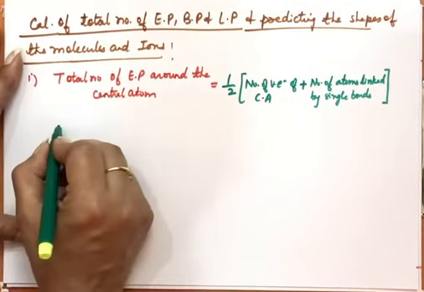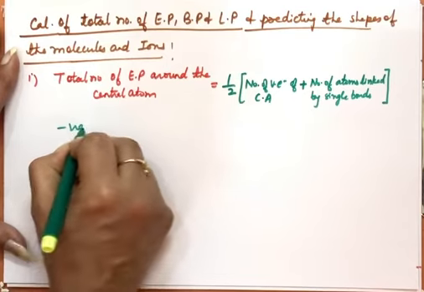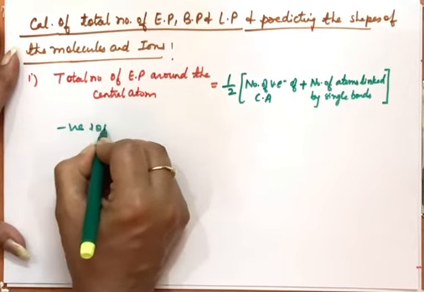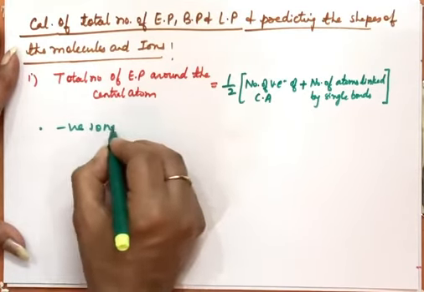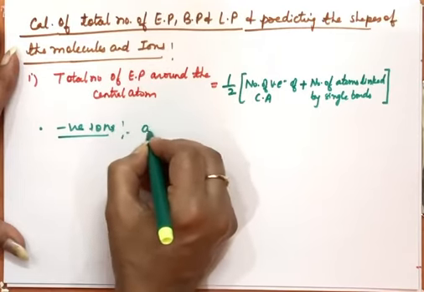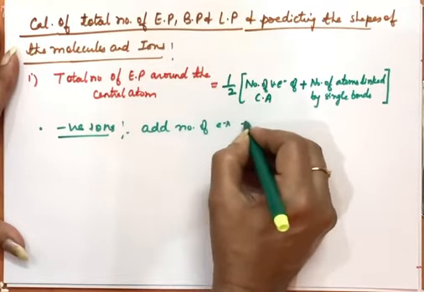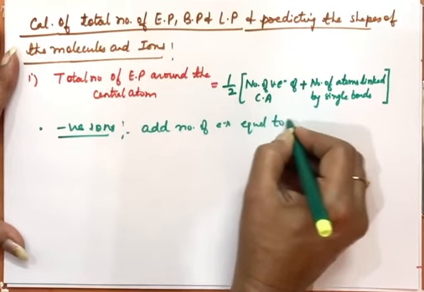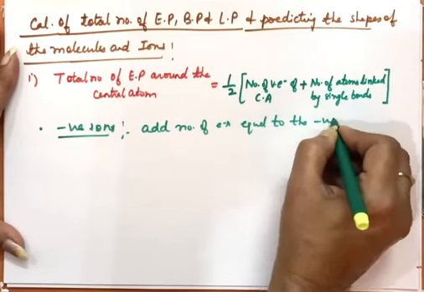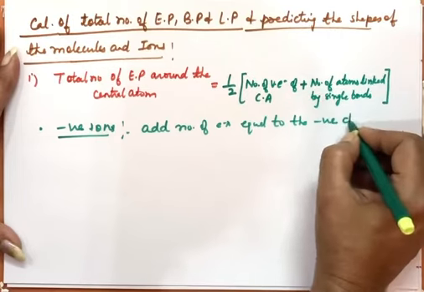To this, if we have a negative ion, then what we have to do is add a number of electrons equal to the negative charge to the valence electrons of the central atom. If one negative charge, one electron; if two negative charges, two electrons.